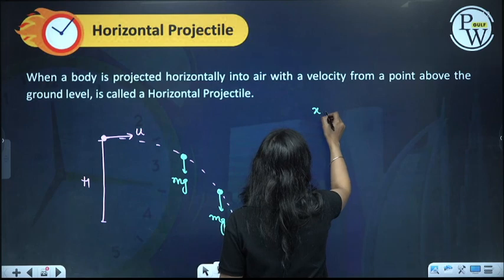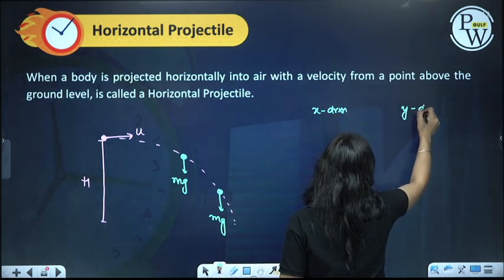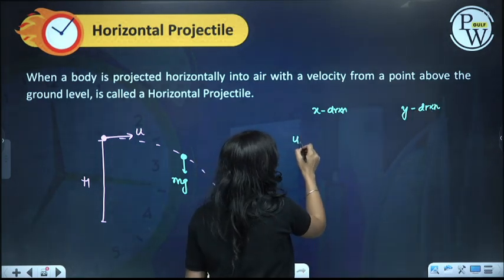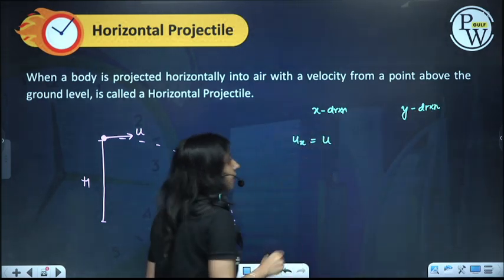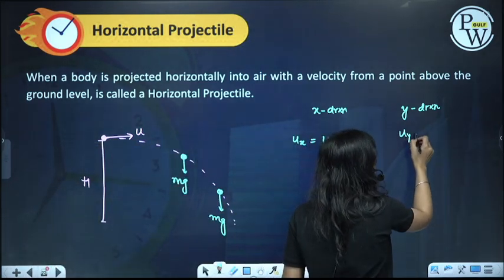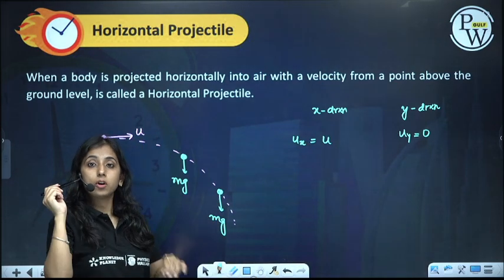In this case, let us resolve the motion in two directions, x and y. In the x direction, what is my ux? The x direction has the velocity u. What is my initial velocity in y? Nothing is given in y, only velocity is given in x.